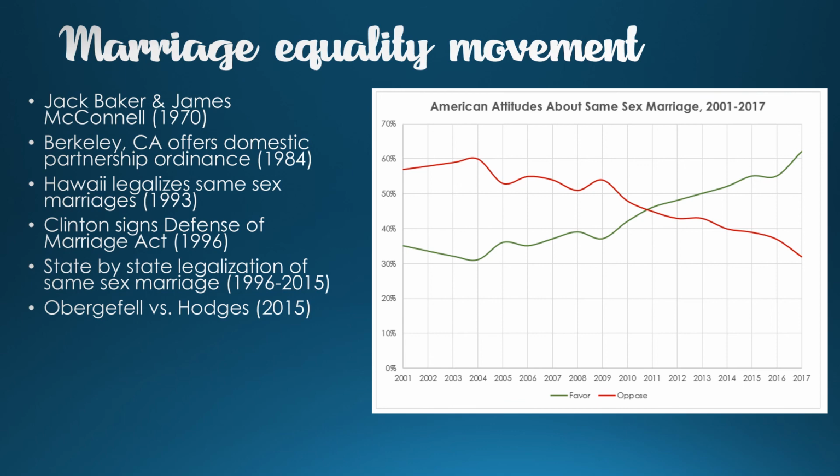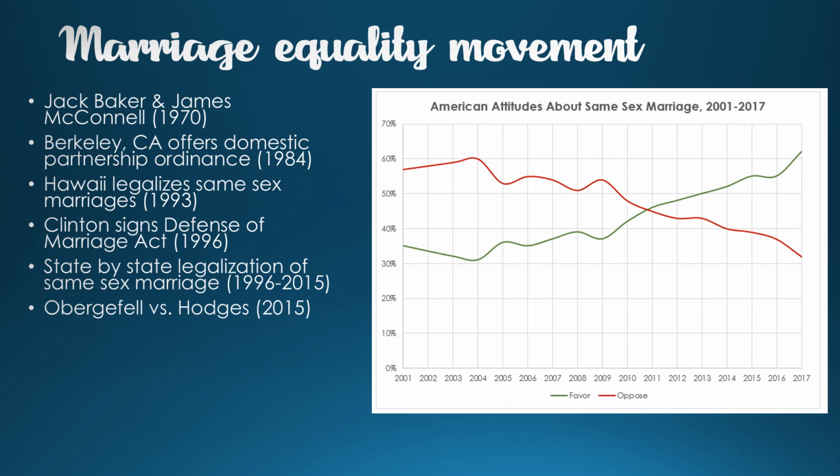Interestingly enough, regardless of Clinton's signing of the Defense of Marriage Act, you saw a state-by-state legalization of same-sex marriage from 1996 to 2015. This was a nearly 20-year state-by-state battle that culminated in a large landmark case in 2015 that led to the legalization of same-sex marriage in the United States. What's fascinating is that people's minds have also changed.